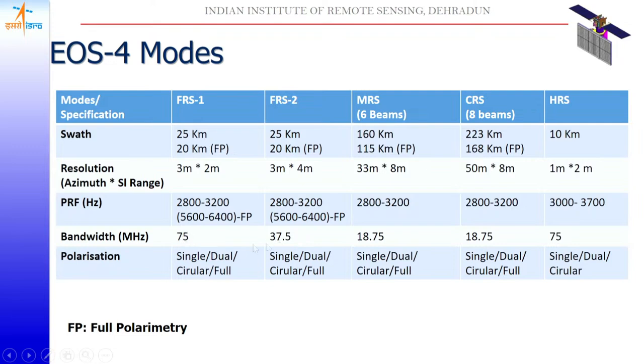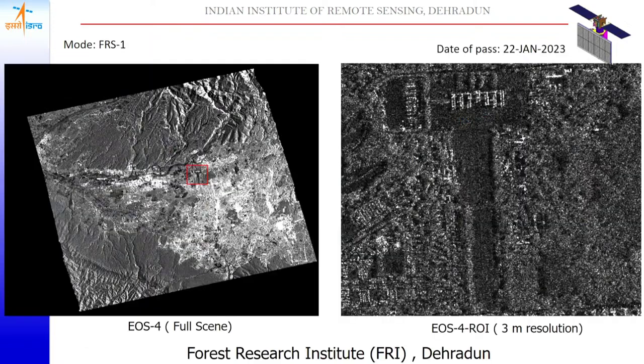As the bandwidth decreases, the range resolution gets coarser. C by 2B is the range resolution, so as the bandwidth decreases, it affects the range resolution. Regarding polarization capability, except for the HRS, we have single, dual, circular and full polarimetry for the different modes.